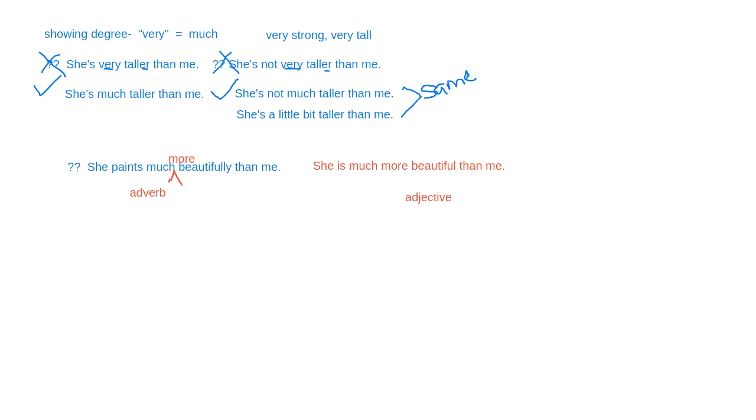There's two notes. Actually, there's three that you can see here. It says more and most are used with long adjectives. Yes. That's why she is much more beautiful than me. I use the more, right? I'm using more because it's comparative and it's a long adjective.